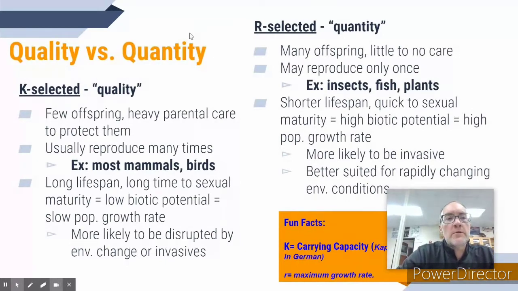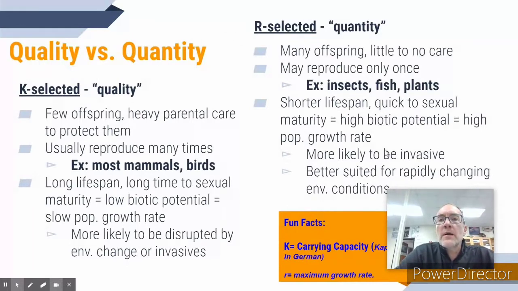So their reproductive strategy is to have few offspring, tend to have high parental care, usually reproduce many times during the lifetime. Examples, birds, mammals, usually have a long lifespan, a long time before sexual maturity, usually a very low biotic potential and slow to grow, much more likely to be disrupted by environmental change, disturbances, invasive species.